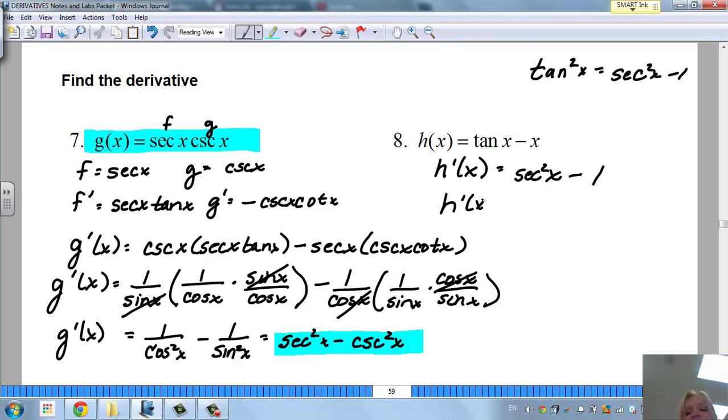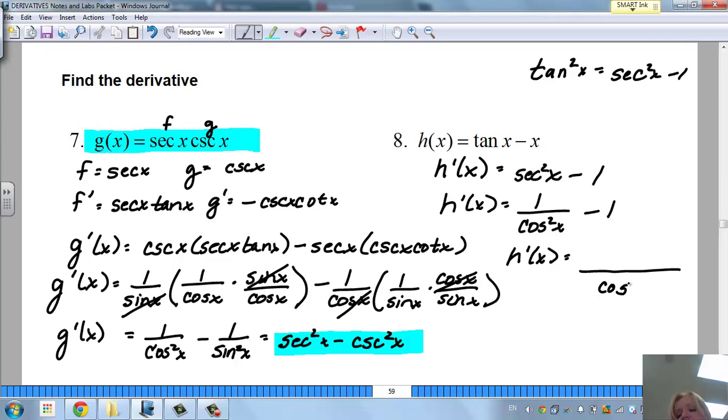H prime of x. Now I'm going to rewrite this. Secant squared is 1 over cosine squared of x, minus 1. And then we're going to do a common denominator. So when I do that, I have h prime of x equals, and this is all over cosine squared of x. And so when I do that, I have 1 minus, and then I multiply by cosine squared of x.